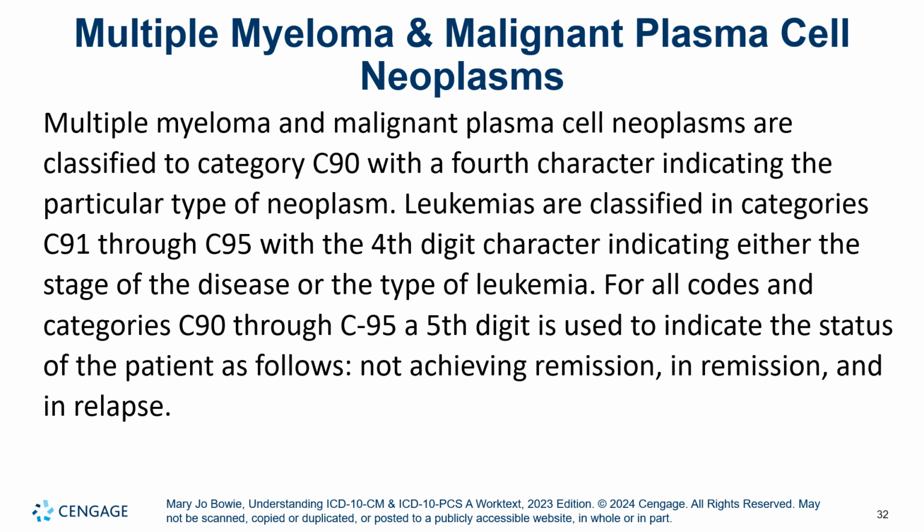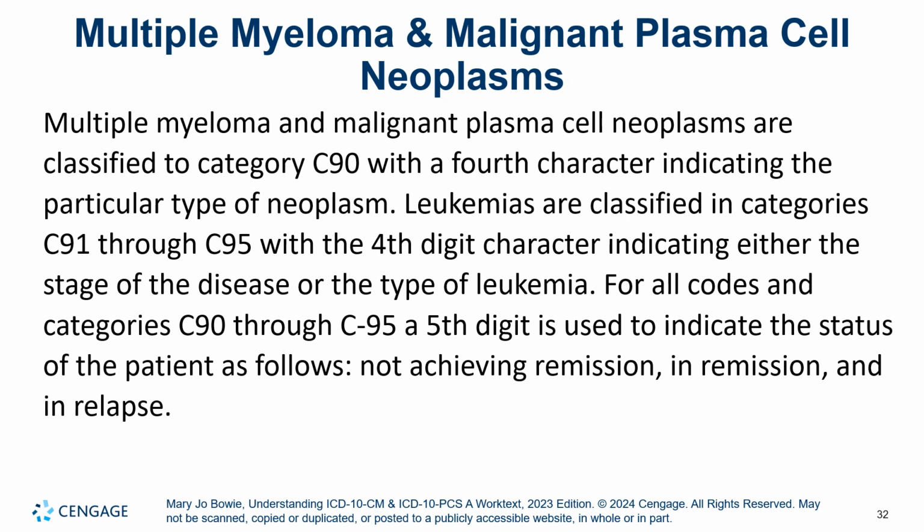So the fifth character 0 is assigned if the documentation does not indicate that the patient has achieved remission. When the provider documents that the malignancy is in remission, you would assign a fifth character of 1.